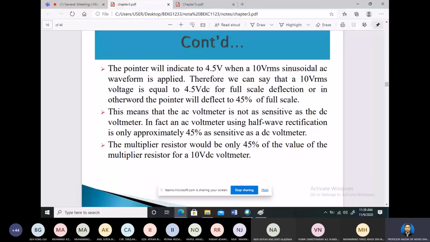This means the AC voltmeter is not as sensitive as the DC voltmeter. In fact, the AC voltmeter using half wave rectification is only approximately 45% as sensitive as the DC voltmeter, so the multiplier resistor would be only 45 percent of the value of the multiplier resistor for the 10 volt DC voltmeter.